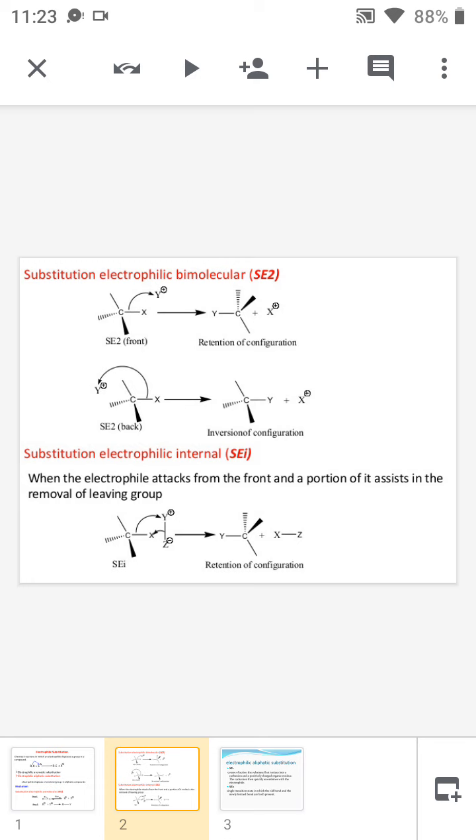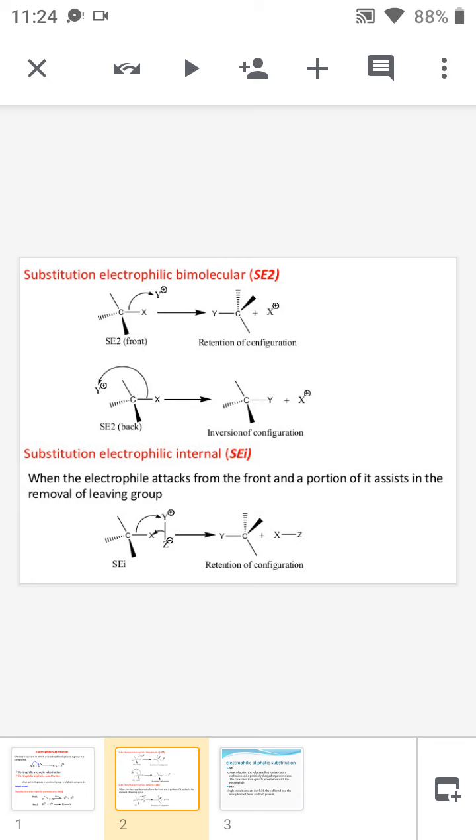X is liberated from the substrate at the same time as the Y plus, that is the electrophile, attacks the substrate in the same direction. So that's why it is known as SE2 front. Since the electrophile and the leaving group are on the same side, the configuration of the resulting product is retention of the configuration.